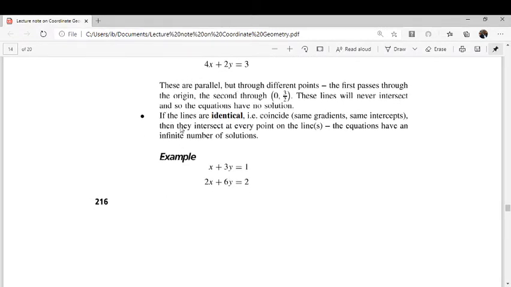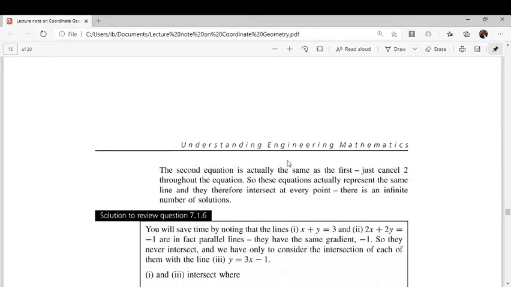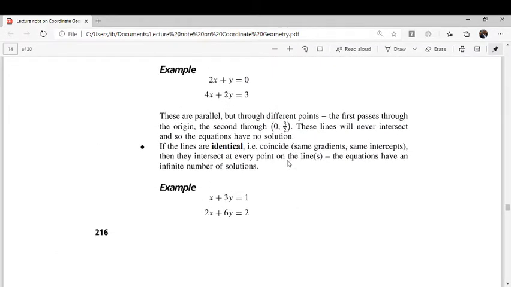But look at this line. If the lines are identical, that is coincident, they have the same gradient and the same intercept. So when you solve this equation, you are going to see that when the lines are identical, it's like a collision, and they intersect on the line.